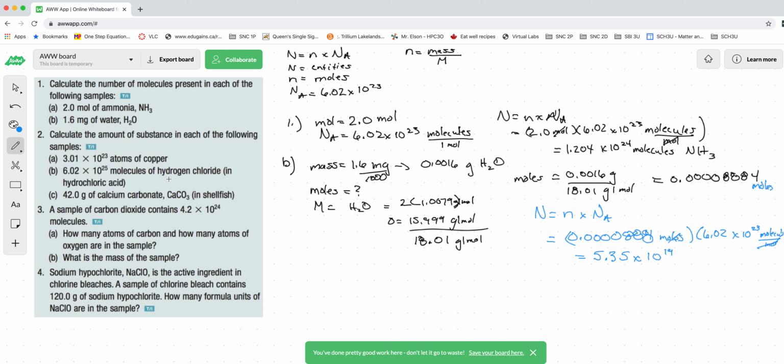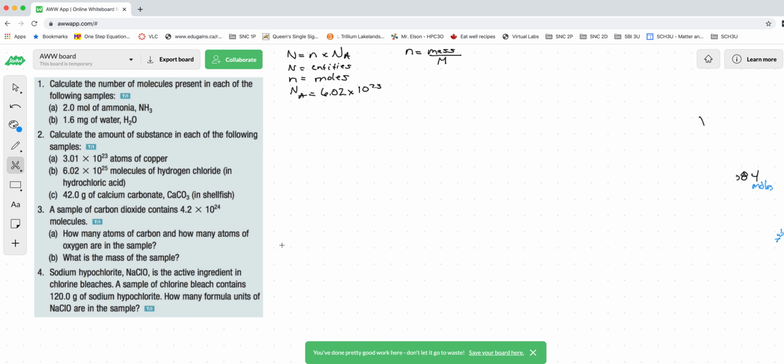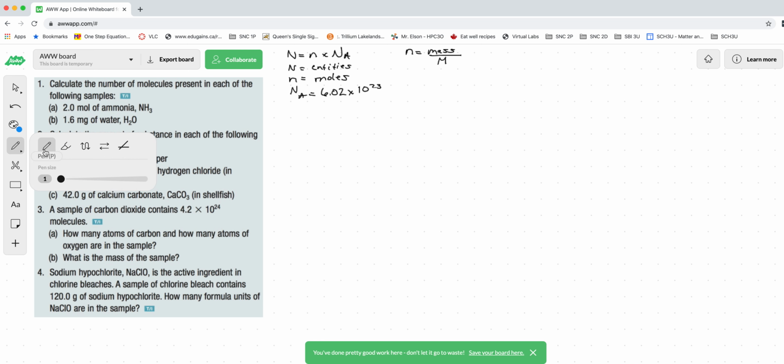Okay, so question 2 is fairly similar in that it's asking for atoms, molecules, and then grams. You really need to, as I mentioned before, get in the habit of writing down all of what you have in the question so then you can identify what you need in your final answer.